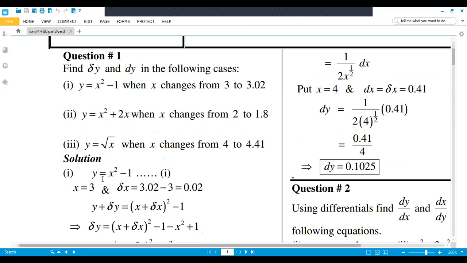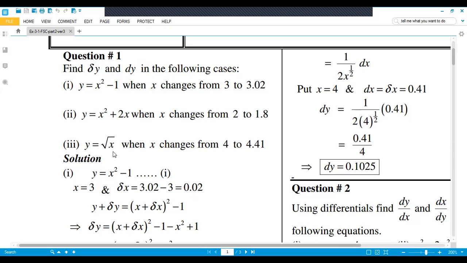You have given y equals x square minus 1. The value of x is 3, and delta x is the maximum value minus the initial value, so 3.02 minus 3, we have 0.02.